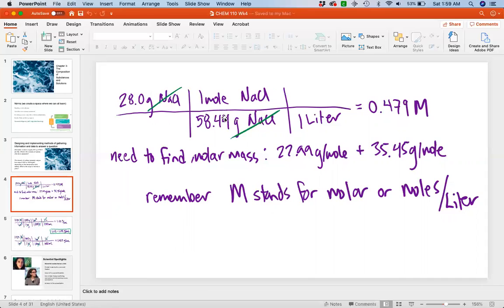Once we do that, we have 1 mole of sodium chloride relative to 1 liter. And so that would give us our moles per liter that we're looking for in terms of our unit. So that's 0.479 molar. We want to remember that M stands for molar or moles per liter. So that's the unit that we're looking for. We're going to multiply across the top, divide by what's on the bottom.